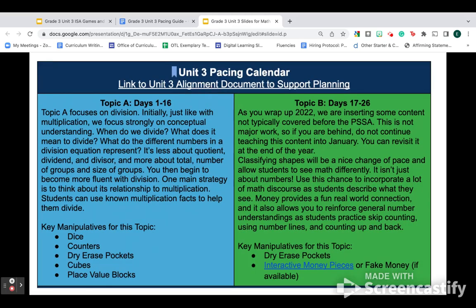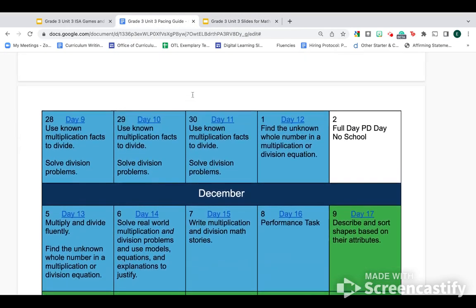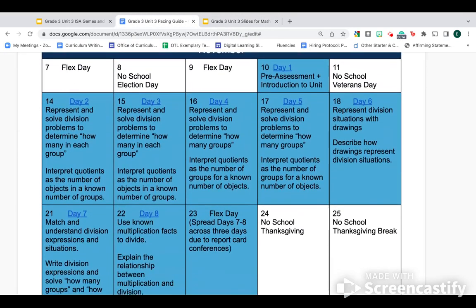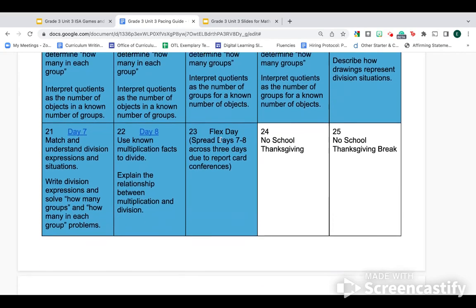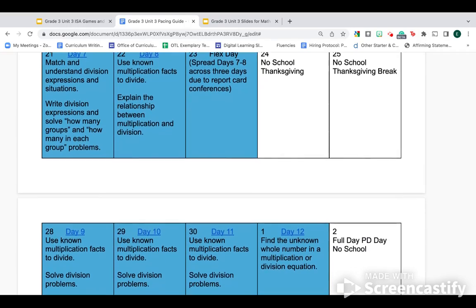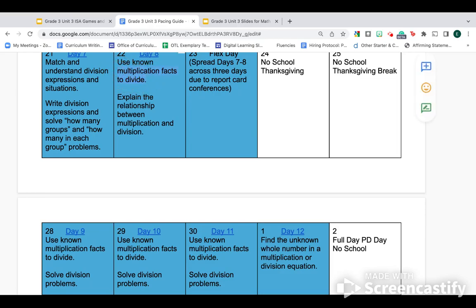All right, I'm going to go back to the pacing calendar to wrap us up. If you look at this division topic, you'll see we start by making sense of it, and then we really just try to more deeply understand division and develop fluency. To help us develop fluency, we make the connection to multiplication. I might not know what 56 divided by 7 is, but I can think 7 times what is 56?